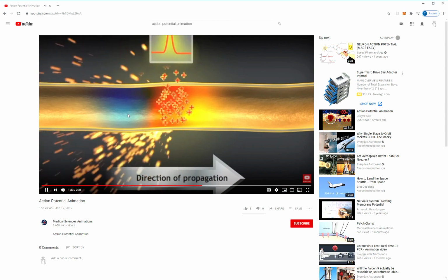This is in super slow motion. This blue area is a repolarization area. It's also a refractory area, meaning we cannot form a new action potential there yet. It's still resetting. But as the action potential moves on, so too does the refractory area.